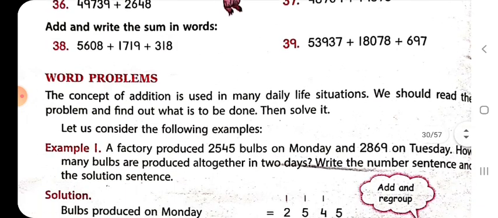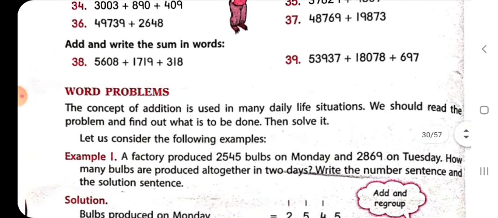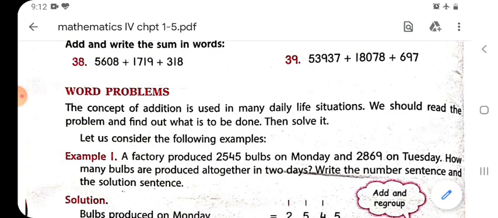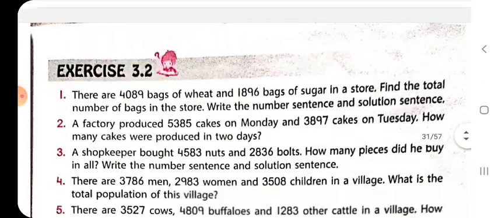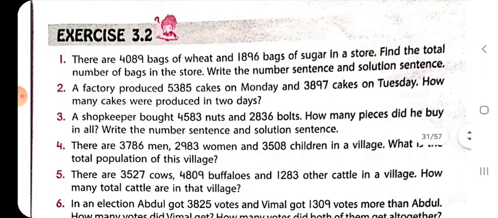Now our next topic is word problems in addition. Today we will start with the word problems of addition. Let's check out the first one. Exercise 3.2. You will start each exercise from a new page.